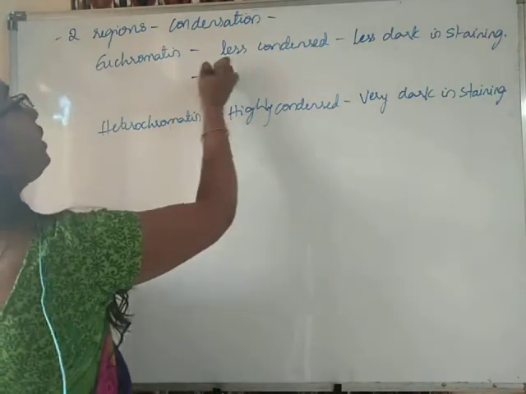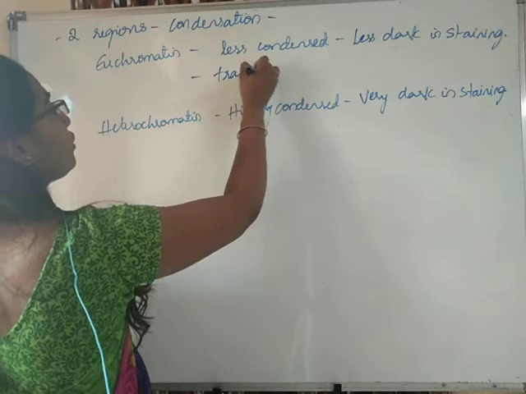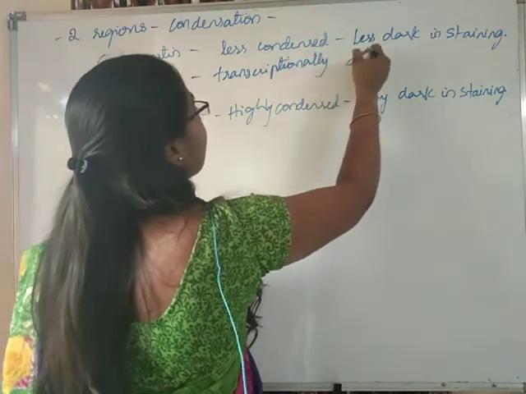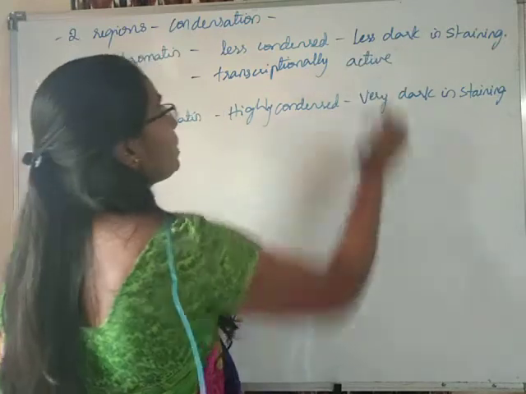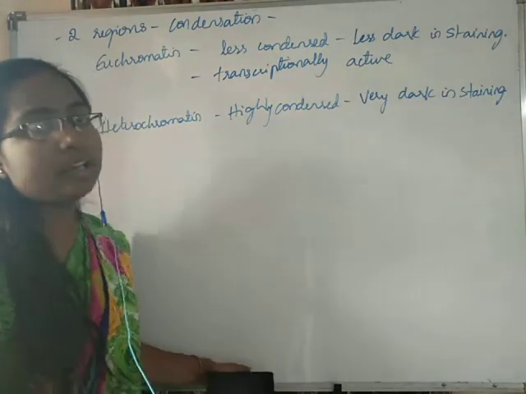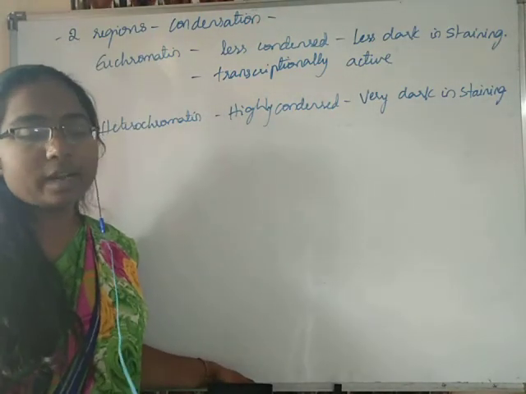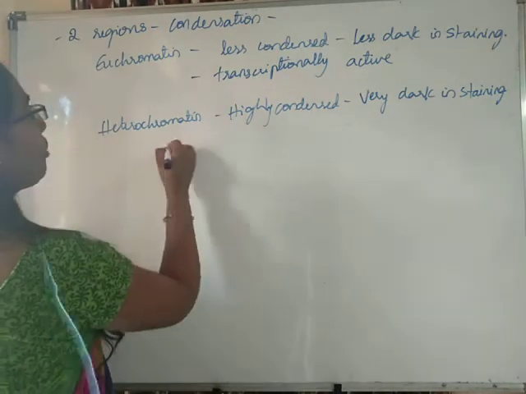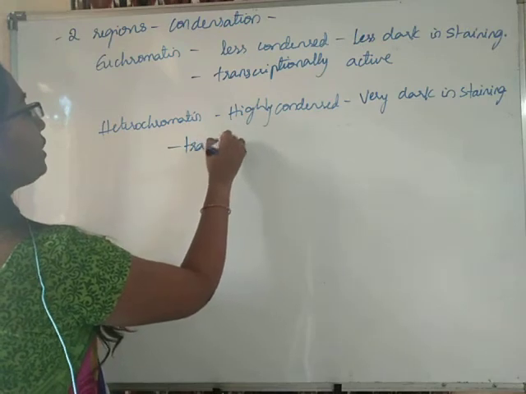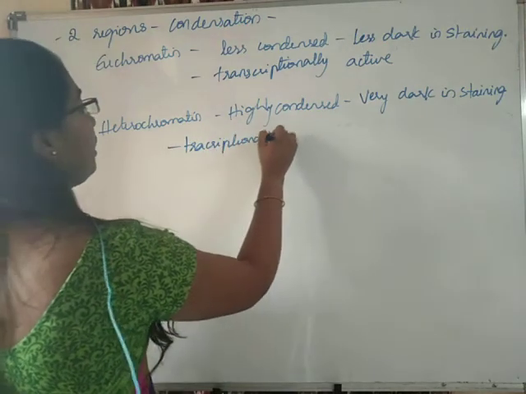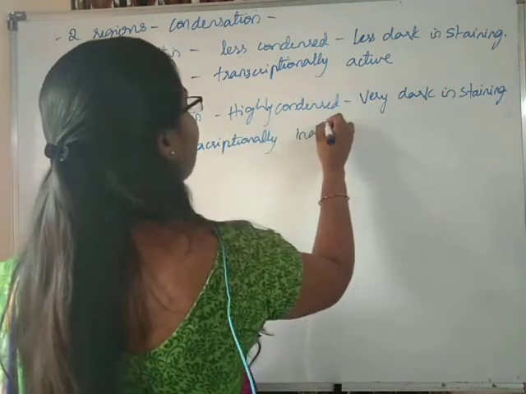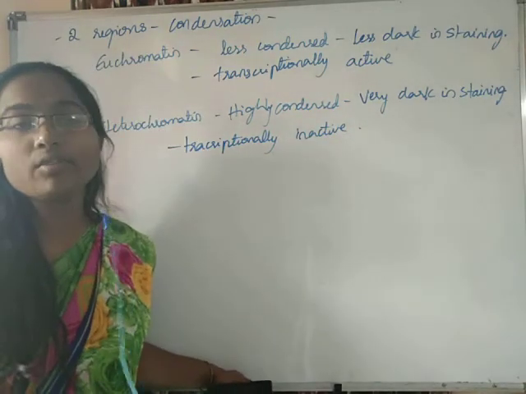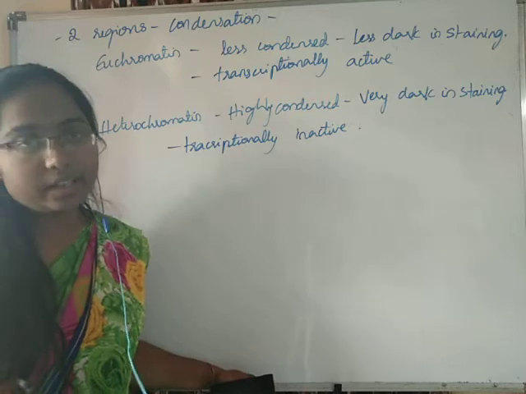Euchromatin is transcriptionally active, which means mRNA can be produced from it. Whereas heterochromatin is transcriptionally inactive, which means it cannot be involved in the production of mRNA.